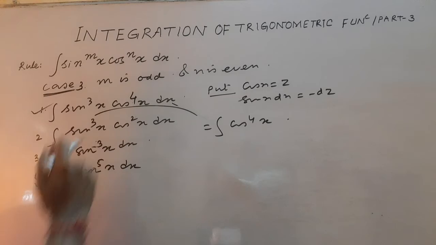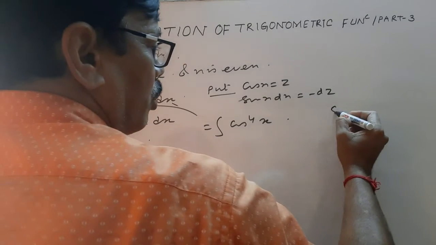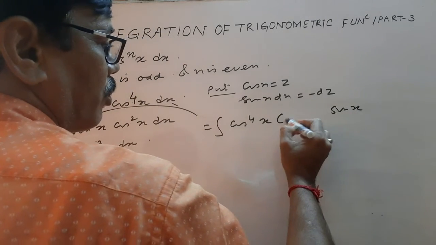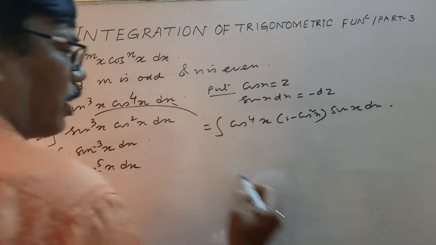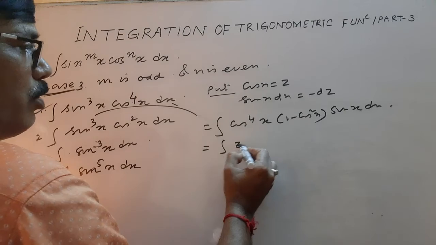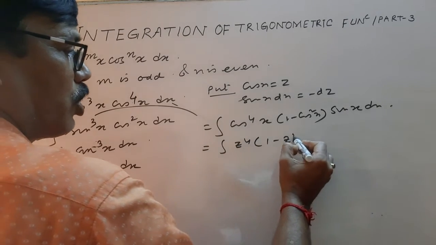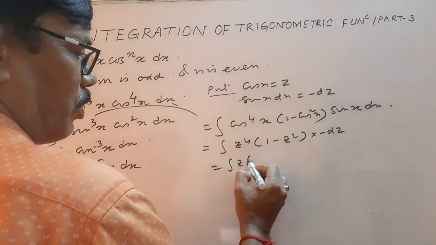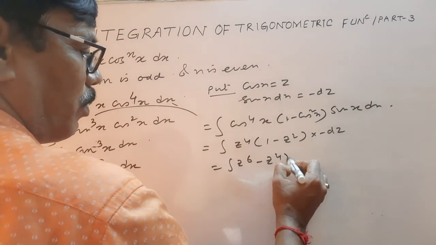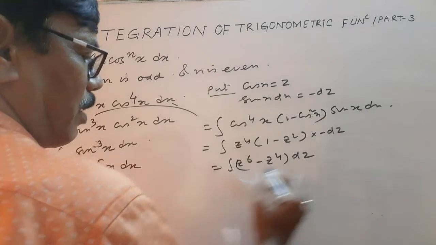So keep it at first. So sin cube: one sin x unchanged, and sin square x is 1 minus cos square x. So z to the power 4, 1 minus z square into minus dz. So z to the power 6 minus z to the power 4 dz. Minus is absorbed.